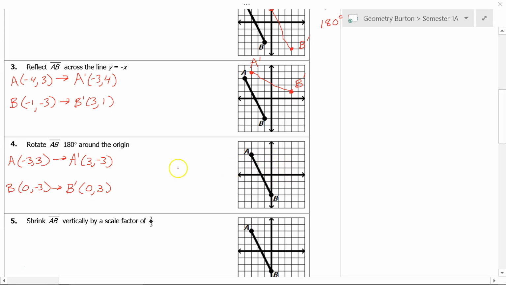So let's see what we've got. 3 comma negative 3. This should be my A prime. And 0 comma 3 should be my B prime.